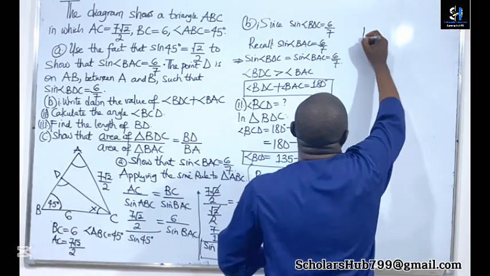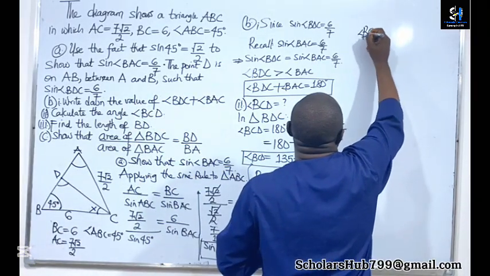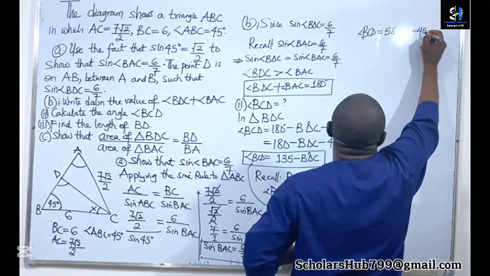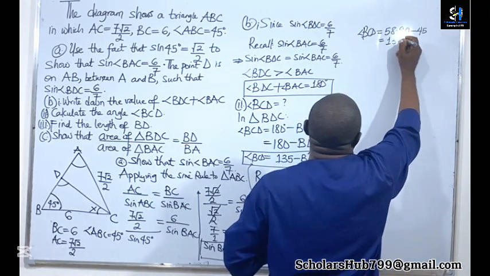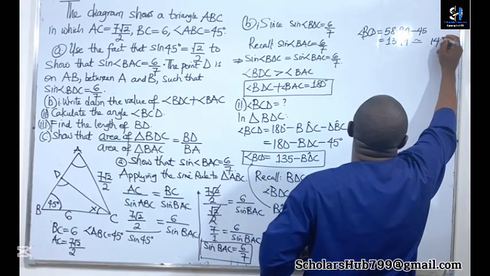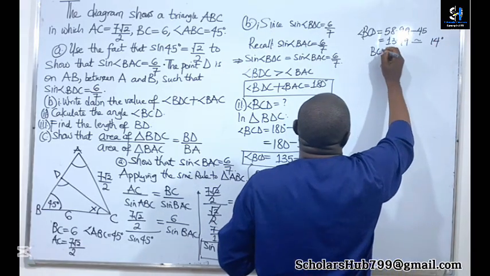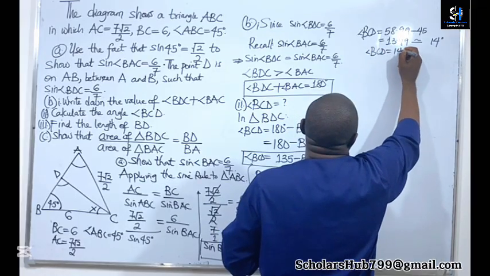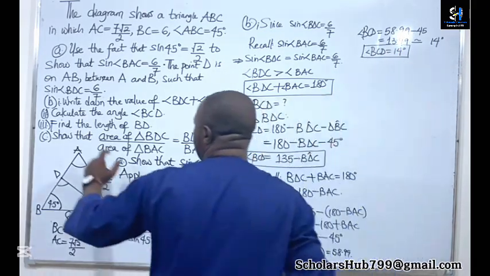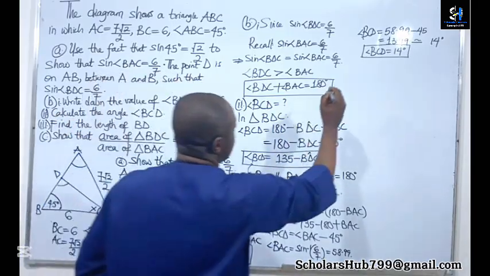So BCD will be equal to 58.99 minus 45, and that will be 13.99, which is approximately 14 degrees. So angle BCD is equal to 14 degrees, and that's Roman numeral 2.